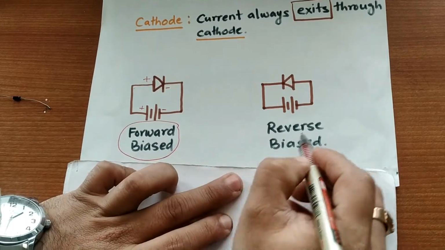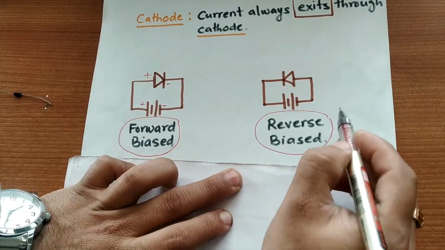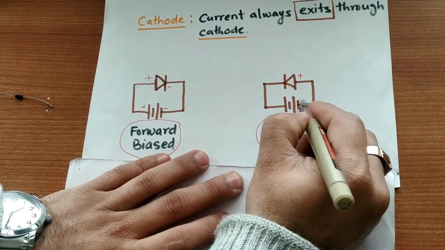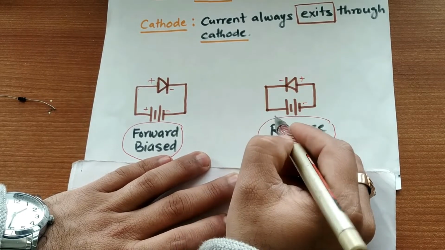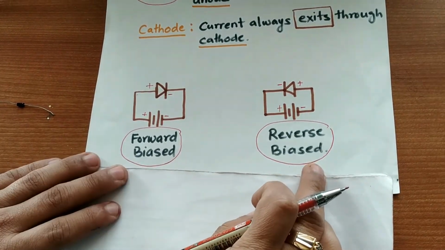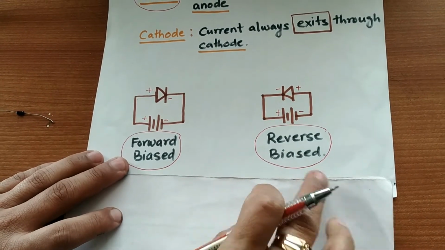Similarly, in reverse bias, we connect the positive part of the diode to the negative and the negative part of the diode to the positive. In this case the diode will work in a reverse bias condition.